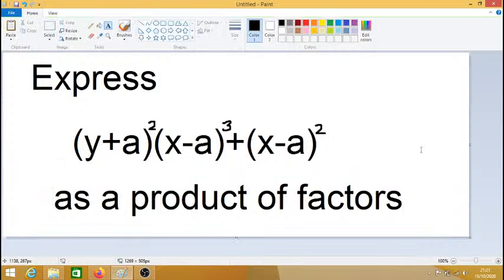The question is, express (y + a)²(x − a)³ + (x − a)² as a product of factors.